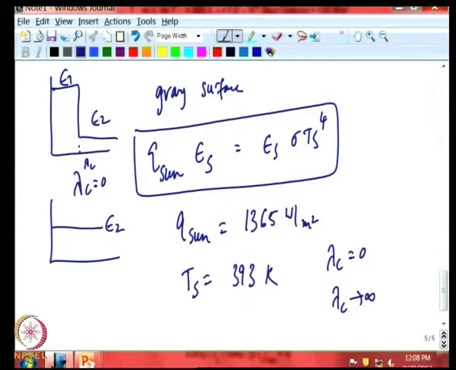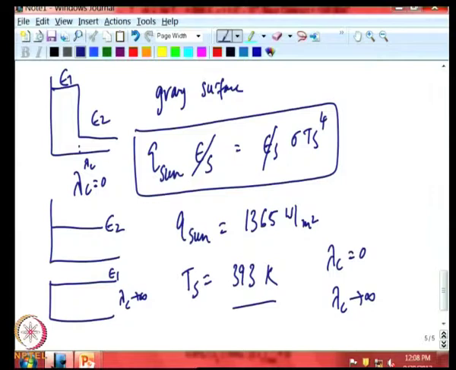So, lambda c goes 0. On the other hand, if lambda c tends to infinity, you have only epsilon 1. So, both these are gray surfaces. For gray surface, this cancels out, epsilon surface. So, you are left with a very simple balance from which you will get this number. Okay.